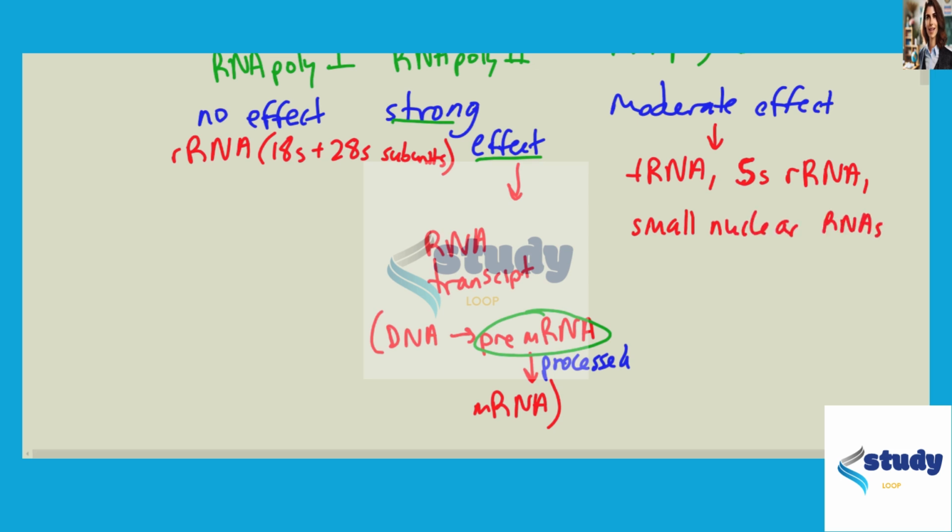So the best choice here is going to be RNA polymerase II, which, as we said, will be strongly affected by alpha-amanitin.